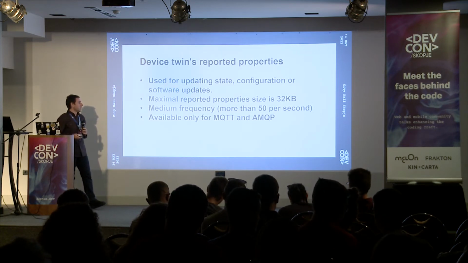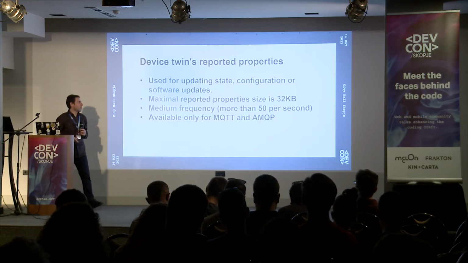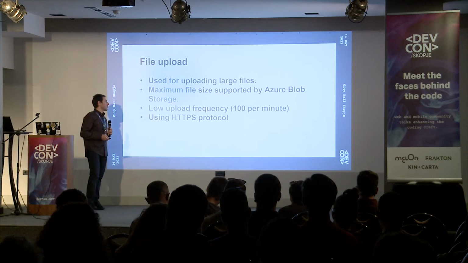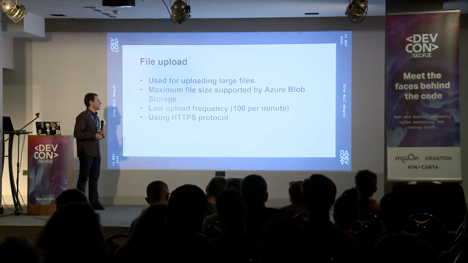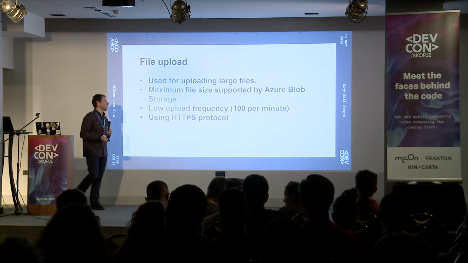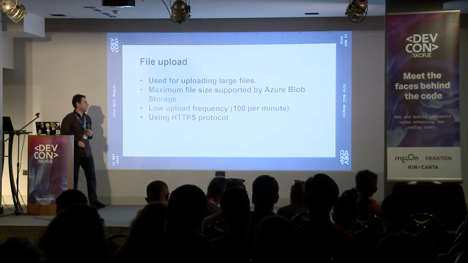The requirement for this is the MQTT and AMQP protocols. About the file upload, it's just uploading a file to Azure Blob Storage, and the frequency is 100 files per minute, and it usually always uses the HTTPS protocol.